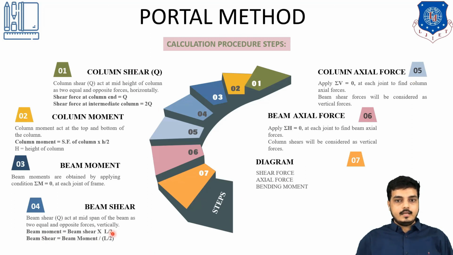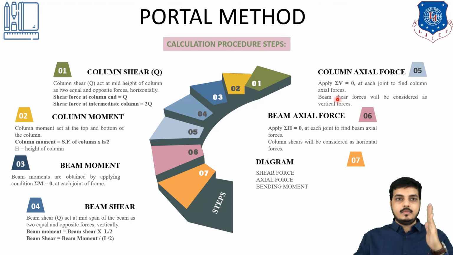After shear and moment, we will focus on column axial force and beam axial force. For column axial force, we take summation of V equals 0 at each joint. In this step, we consider the beam shear as vertical forces.